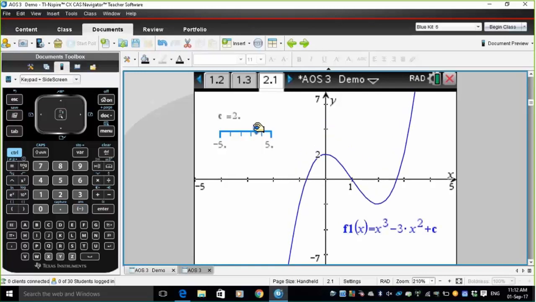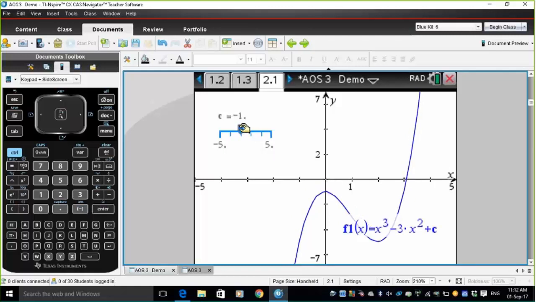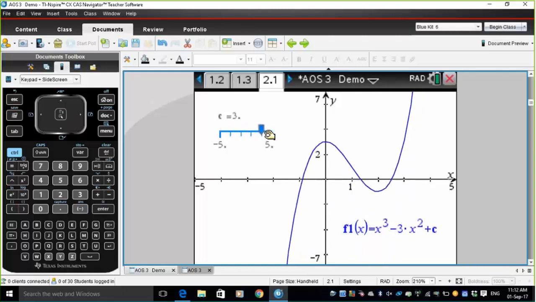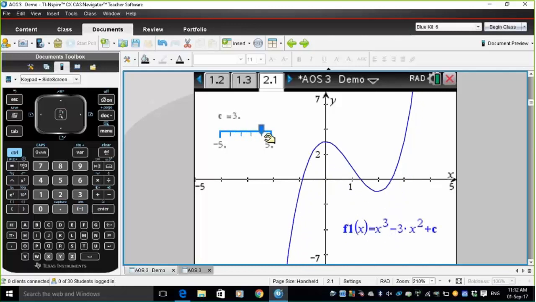For c between 0 and 4, it's crossing 3 times, but when c is equal to 0, again it crosses once and touches once, but when c is smaller than 0, say -1, the graph is only crossing the x-axis once. So I think this is a very good visual way to see how many times the graph crosses the x-axis: 0, 1, 2, or 3 times.